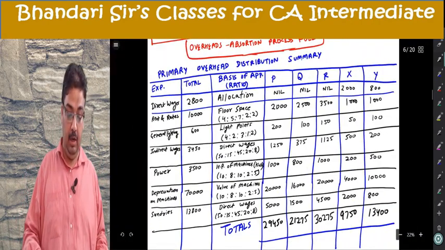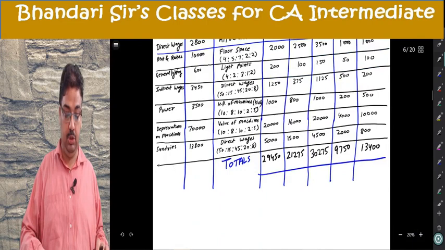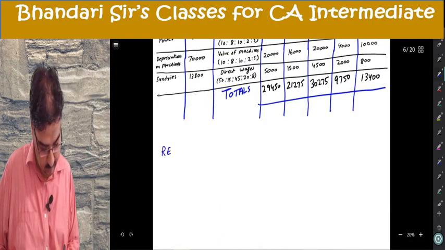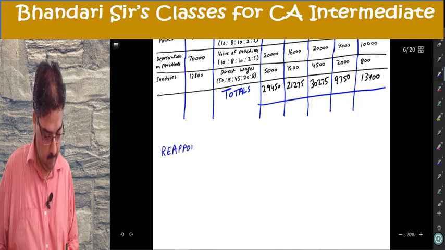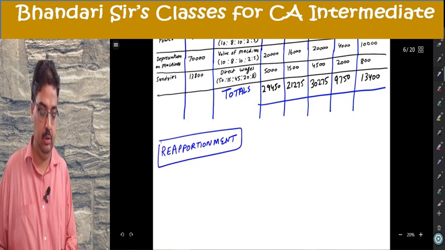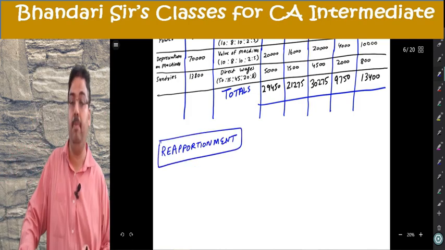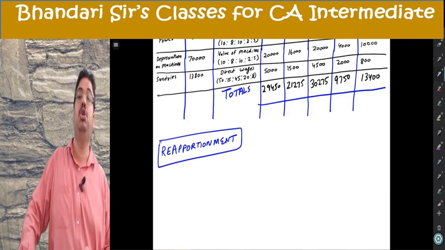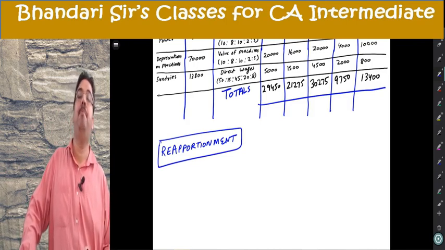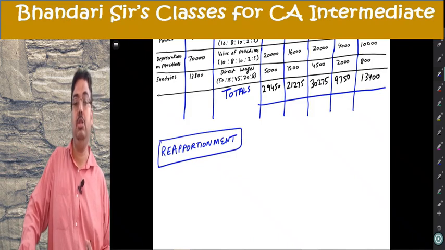I'm reaching part number 2, which is reapportionment. I will primarily use the simultaneous equations method. However, I will show you repeated redistribution also, but I will prefer the simultaneous equations method.